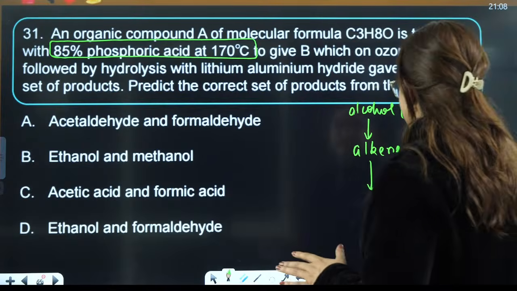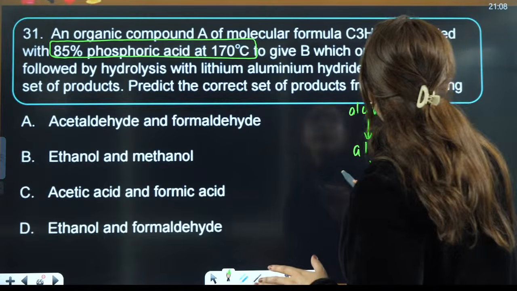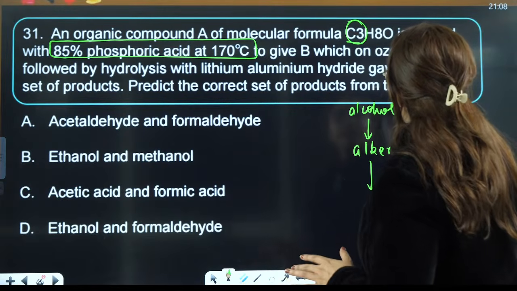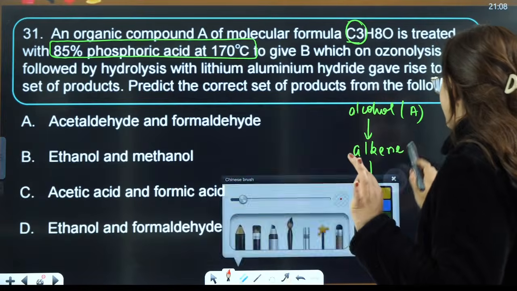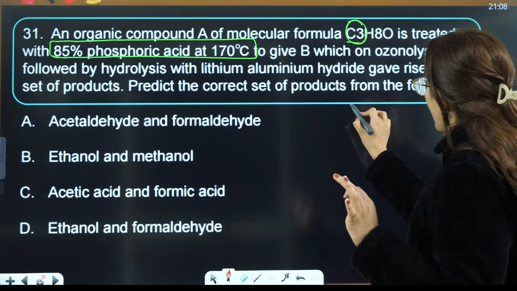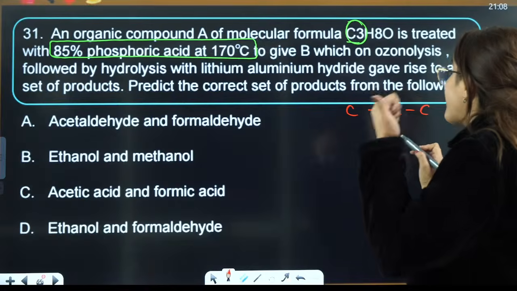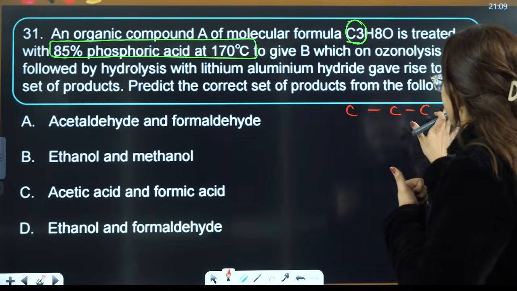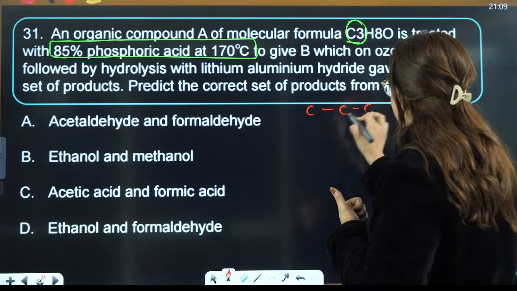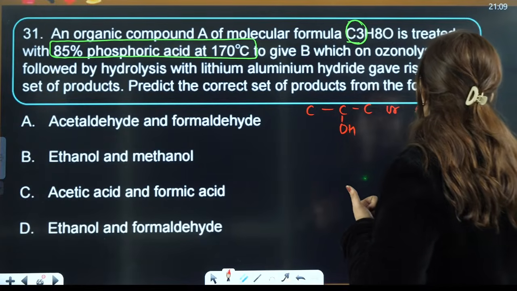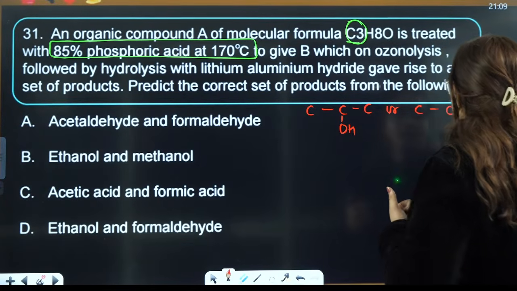They are saying that it is 3 carbon. With 3 carbon, what kind of alcohol can exist? Either you can have this alcohol or you can have this alcohol, right?